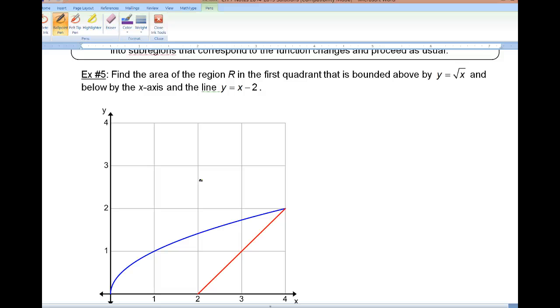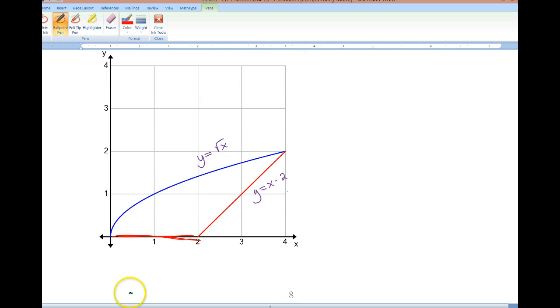This is y equals square root of x, and y equals x minus 2. The problem is, from 0 to 2, it's bounded by the line y equals 0. You see that? We're actually going to divide it into 2 separate integrals.